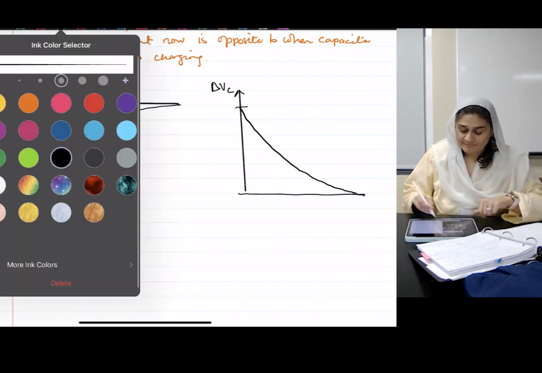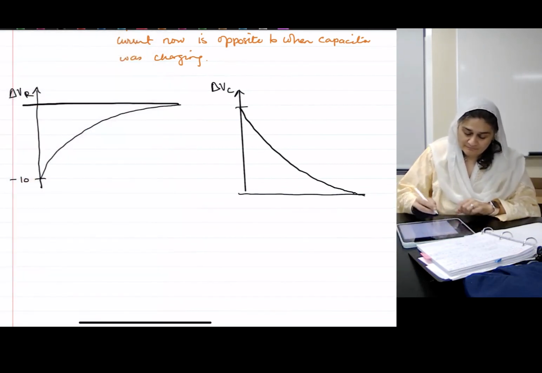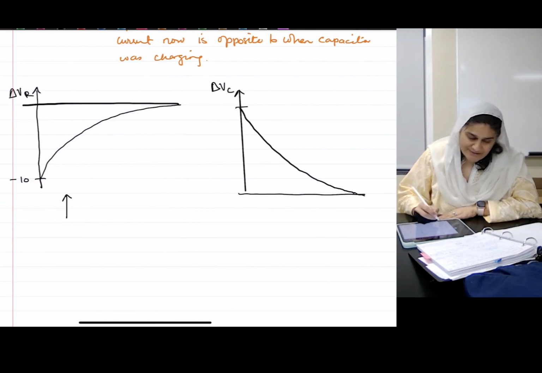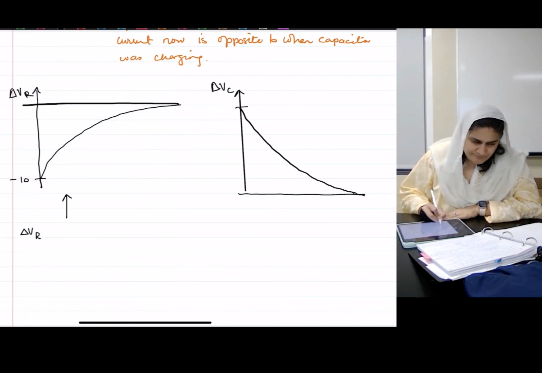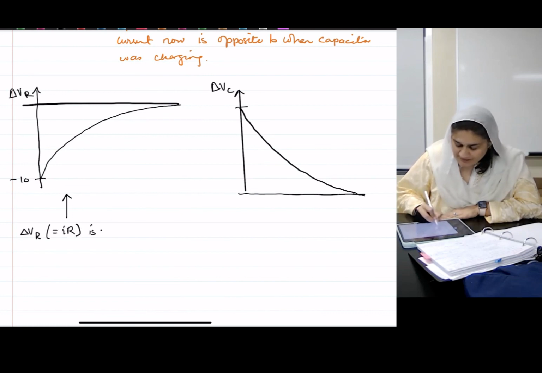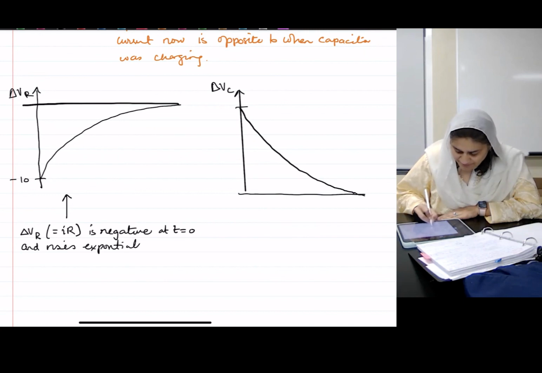In words, I can write this as delta VR, which is equal to IR, is negative at t equals 0 and rises exponentially to 0.